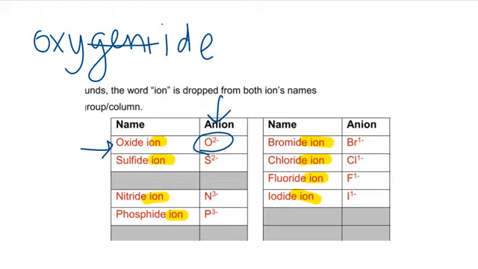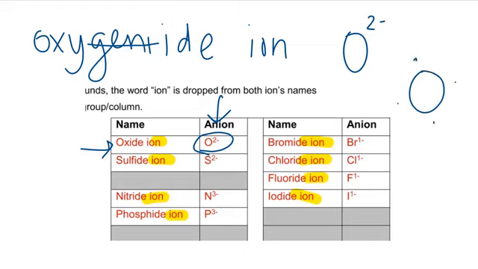So oxygen becomes oxide ion, which is all that's showing me is that oxygen went from having 6 outermost electrons, and then it gained 2 more. So these 2 that it gained then gave it a -2 charge. So it's now an oxide ion.